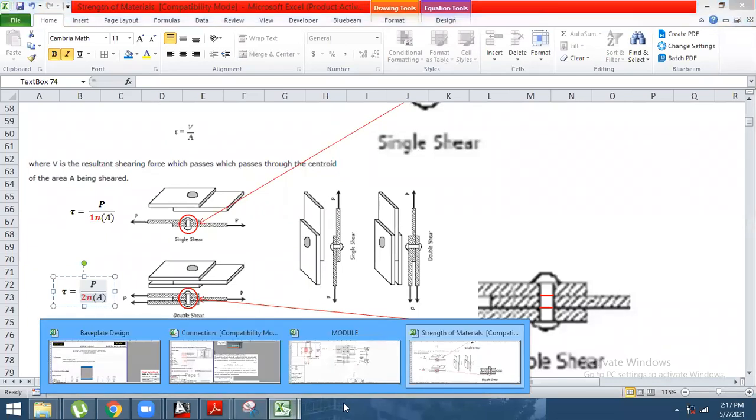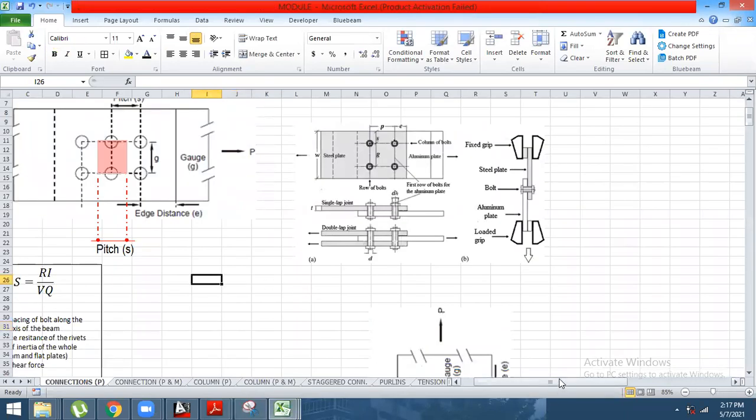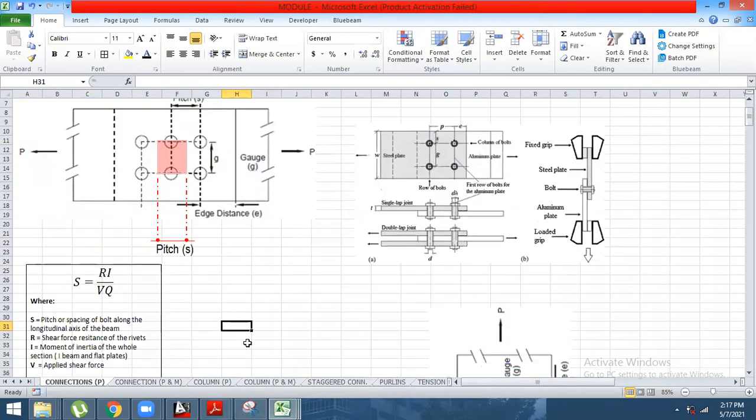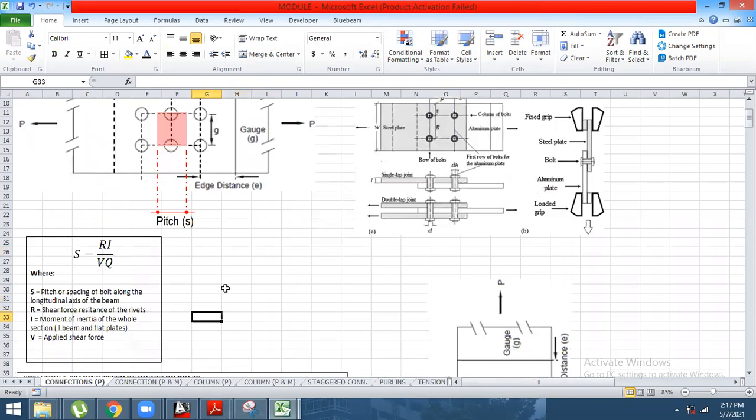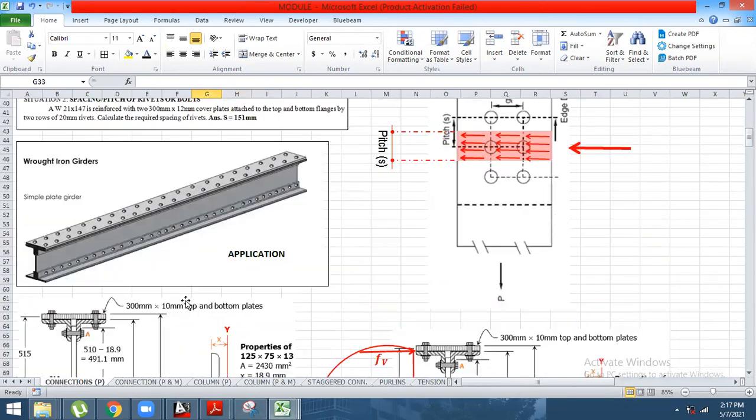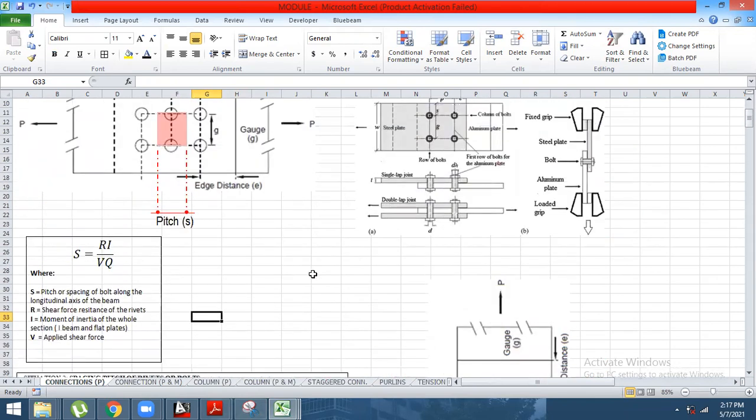Okay, so let's go to the module. For the rivets or the bolts, determine the spacing.